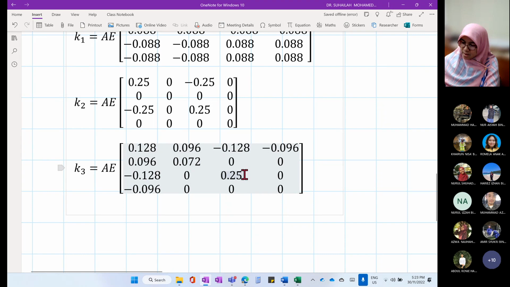So for this one, no need to calculate anymore because it will be the same.